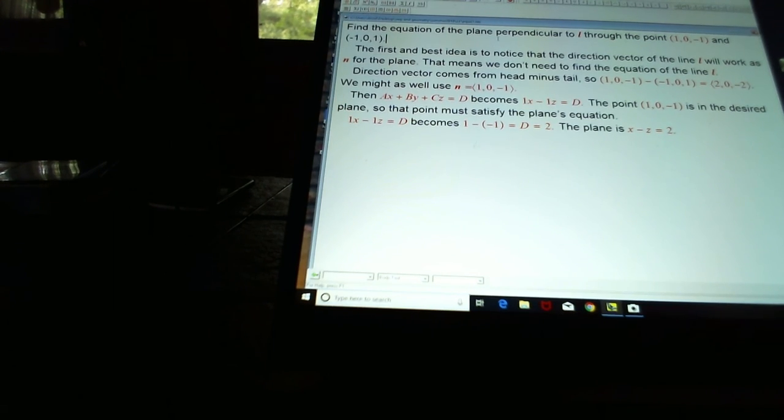It doesn't have the letter y, which means the plane is parallel to the y-axis, which if you're thinking about, you want to get a line perpendicular to this direction vector. It sounds like it should have no y coordinate.